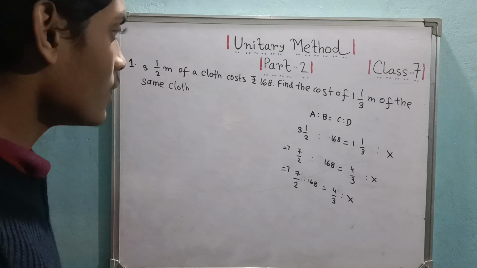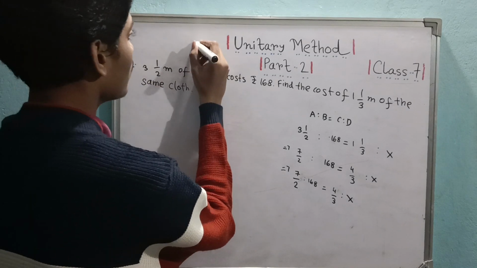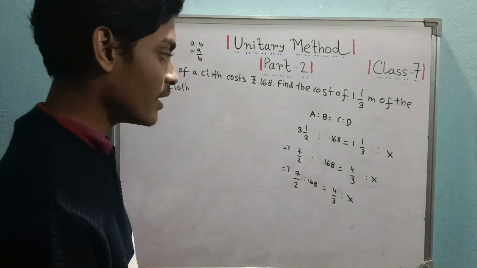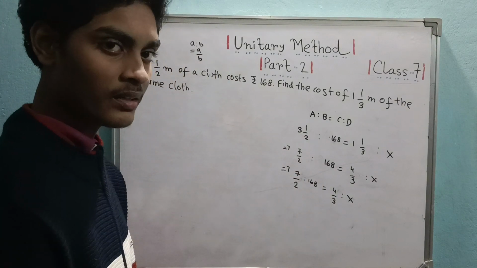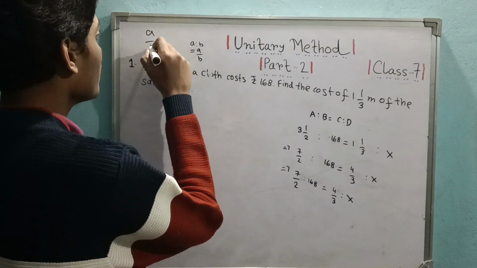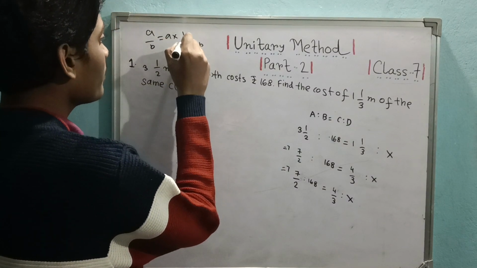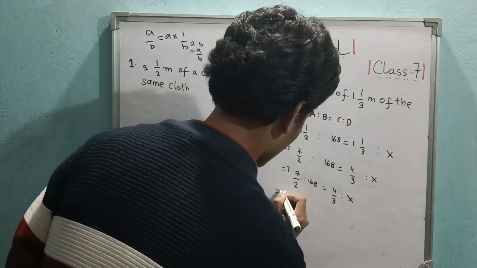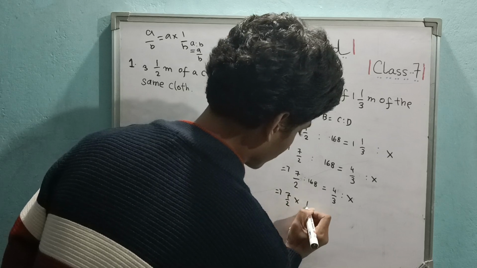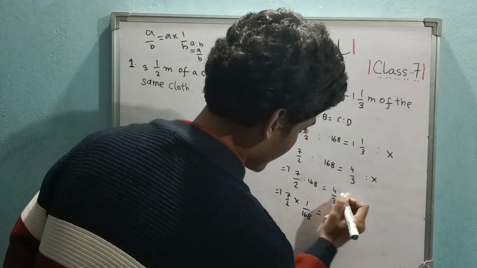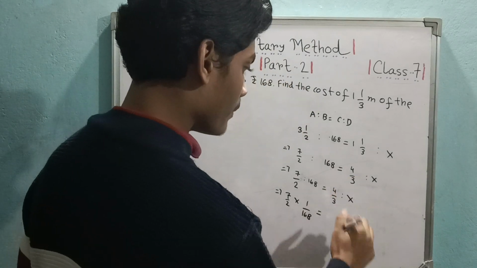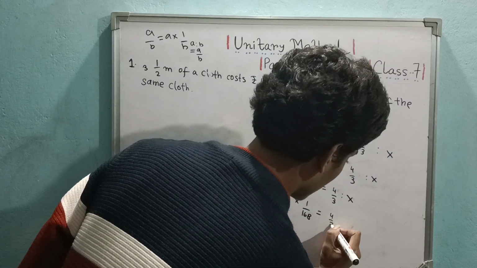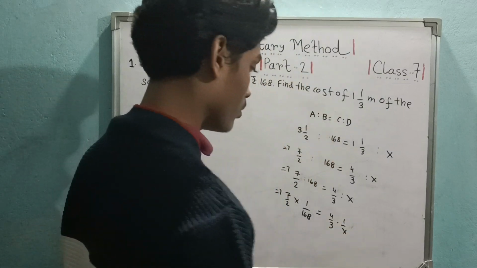Now you have learned proportion. A is to B is equal to A by B. So 7 by 2 is to 168 means 7 by 2 divided by 168, and A by B equals A into 1 by B, which is 7 by 2 into 1 by 168. Similarly, 1/3 is to X equals 1/3 into 1 by X. You got that?